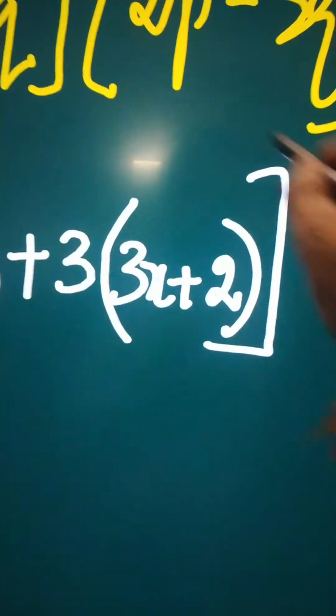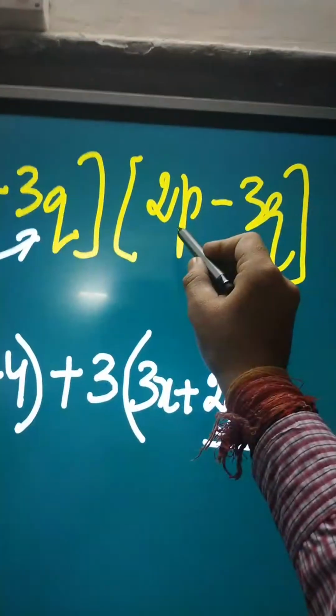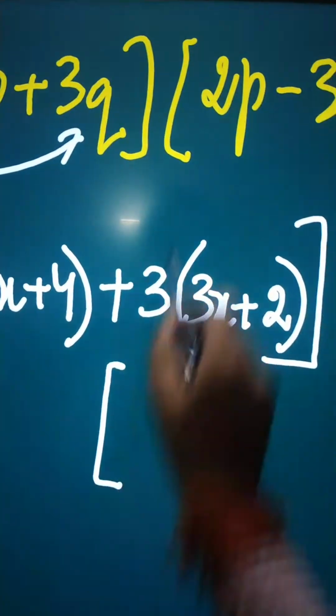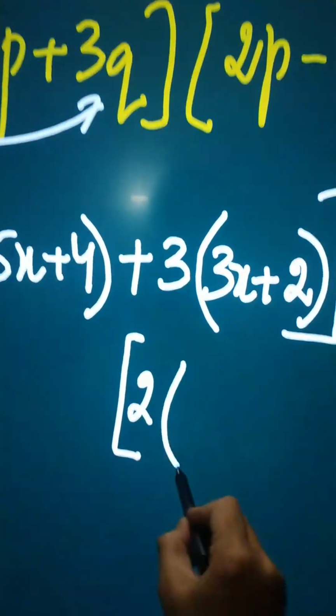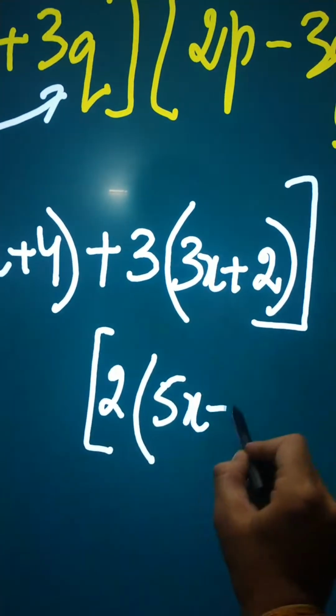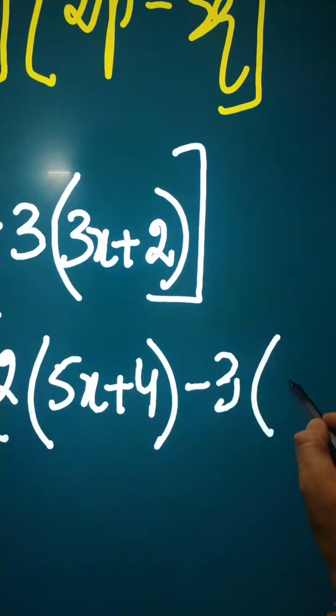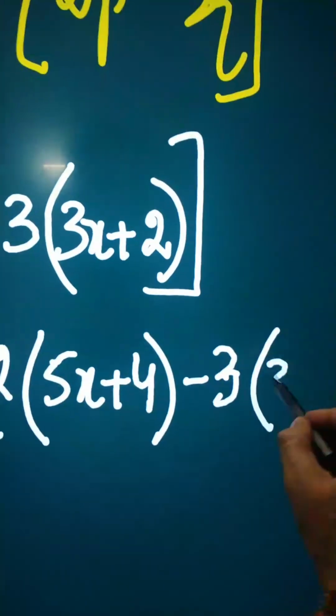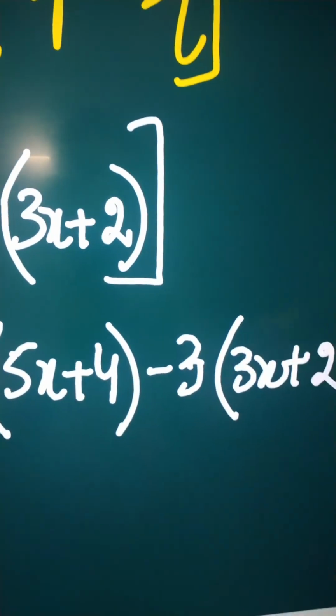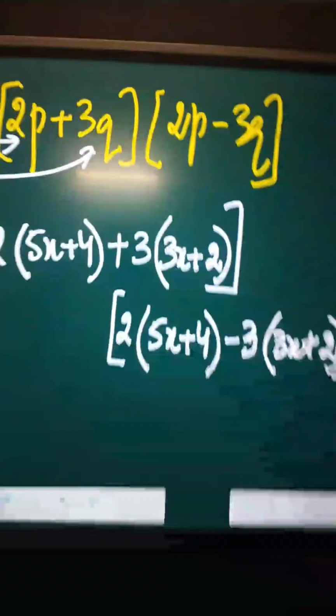Now the second bracket. So what will it become? 2 into 5x plus 4 minus 3 into 3x plus 2. This is slightly lengthy.